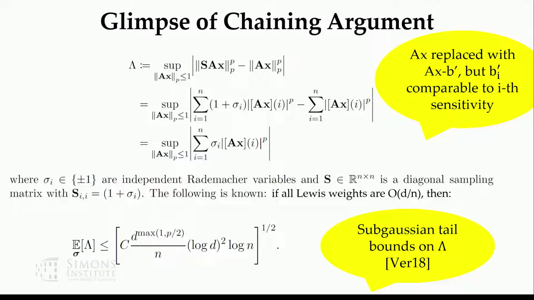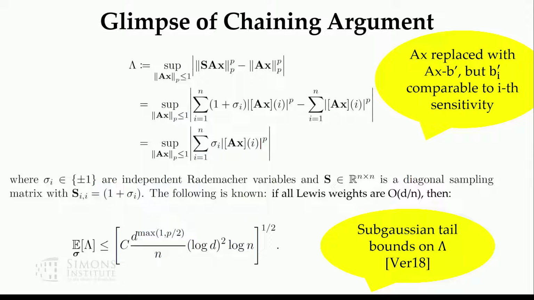And this sampling matrix has a nice form: either I don't include a row, in which case I have a 0 on the diagonal entry, or I do include the row and I have a 2 when I raise it to the pth power, right? Because I'm sampling half and I'm scaling back up to preserve the p-norm. So I can write the diagonal elements of S as 1 plus sigma_i, where sigma_i is a Rademacher, a random sign.